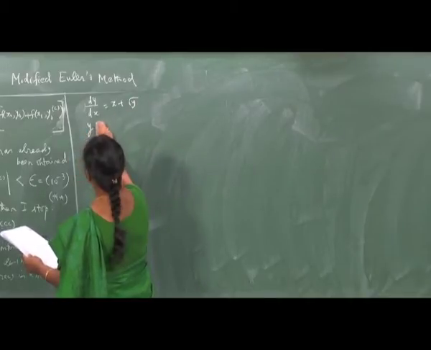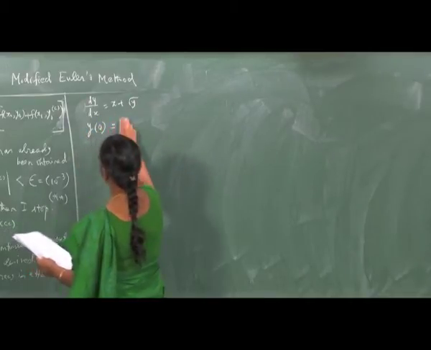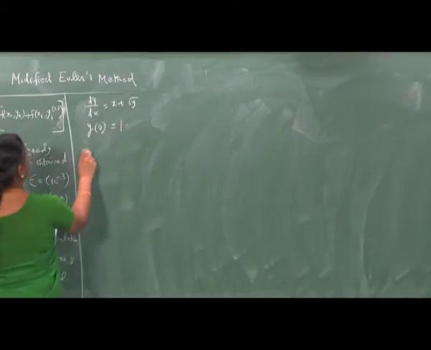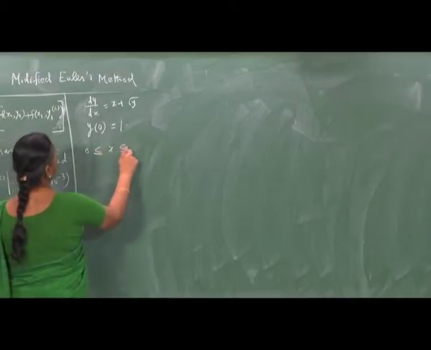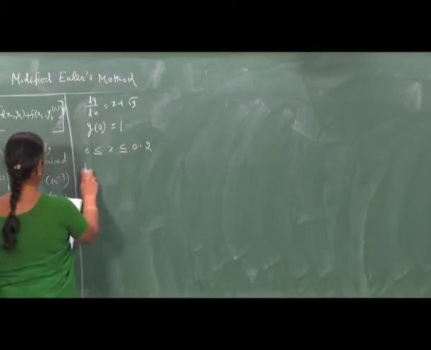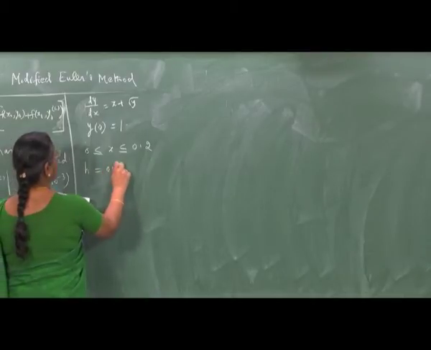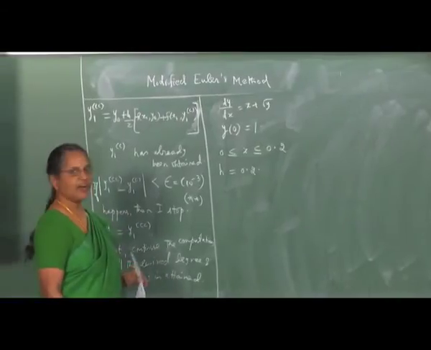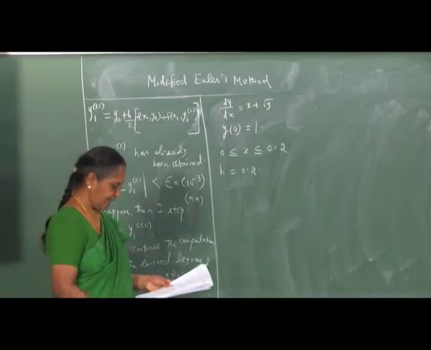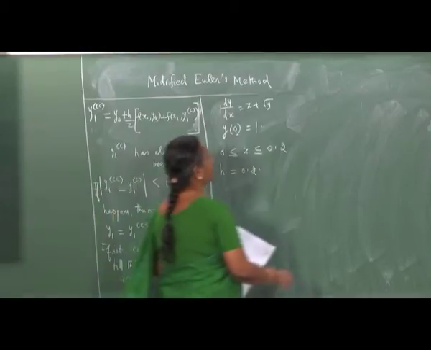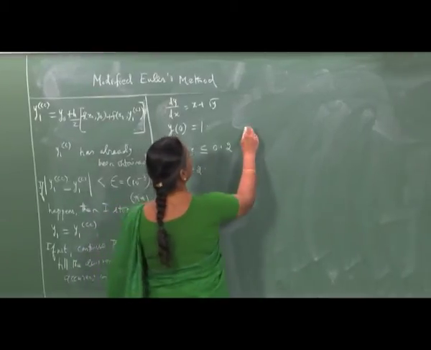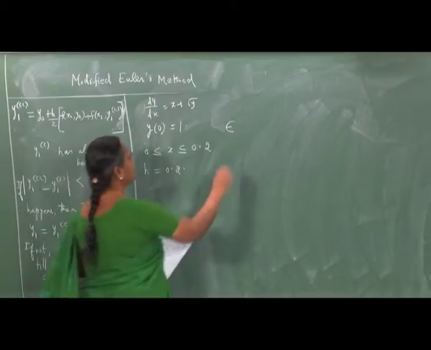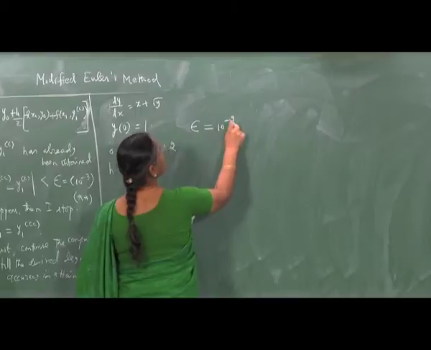Initial condition given is y of 0 equal to 1, and you are asked to solve this problem in the interval 0 to 0.2 by taking step size as 0.2 using modified Euler's method, and determine the solution correct to the desired degree of accuracy, say epsilon, which is 10 to the minus 2.